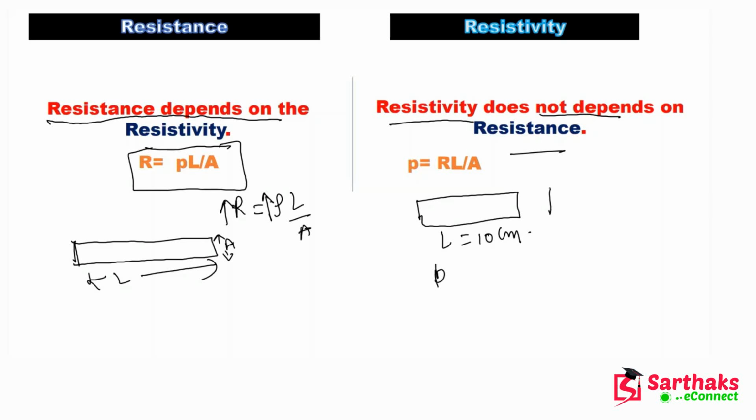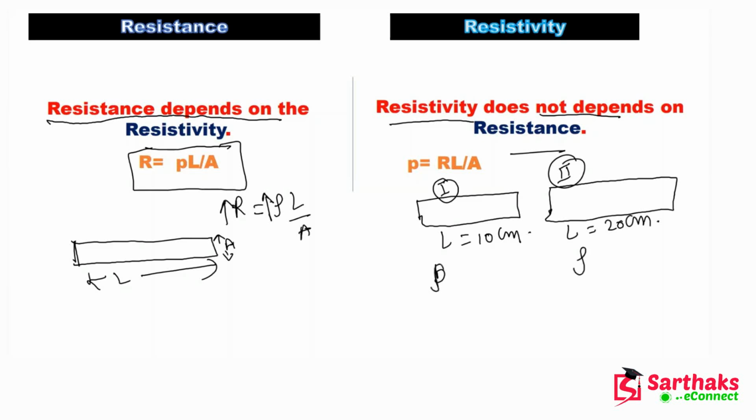Now, if I also take another wire, and this wire is made up of the same material. Let's suppose this is wire first, this is wire second, and these wires are made up of the same material, and let's suppose its length is 20 centimeter. Now the resistivity will remain the same.